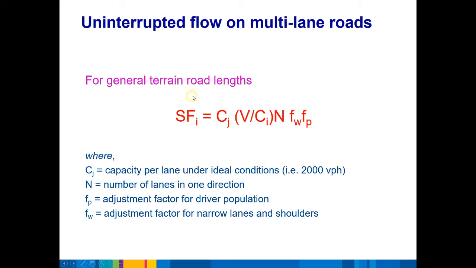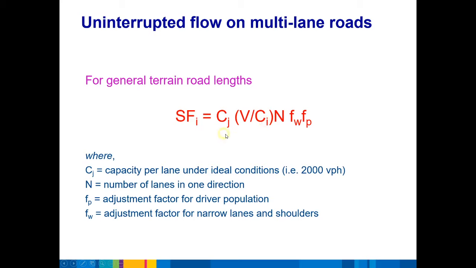And we could look at a couple of other things. We could have an adjustment factor for a driver population as well. So if you had an aging population, as you do in particular parts of the state, or Florida comes to mind in America as a place that has a well-known aging and inexperienced driver population.